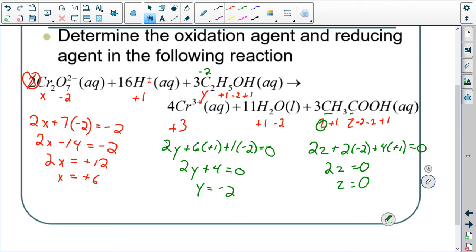So what? We have 2 things. We have our chromium. It's going to get a little messy because I'm going to draw here. We have our chromium going from +6 to +3. What did it do? Did that gain or lose electrons?